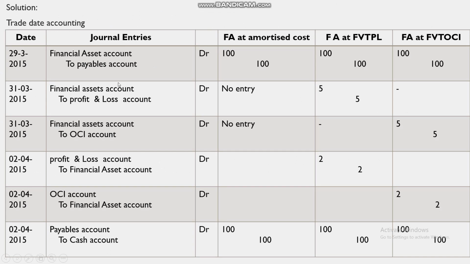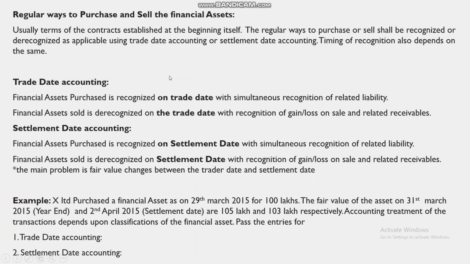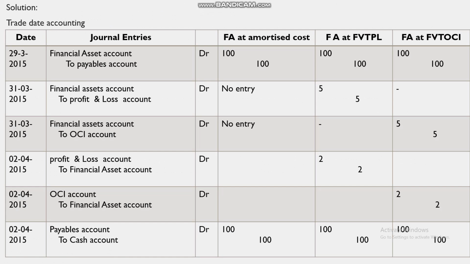So on the trade date, 29th, the entry is financial asset account to payables account. In all three types of treatment, the amount is the same. There is no change at all.